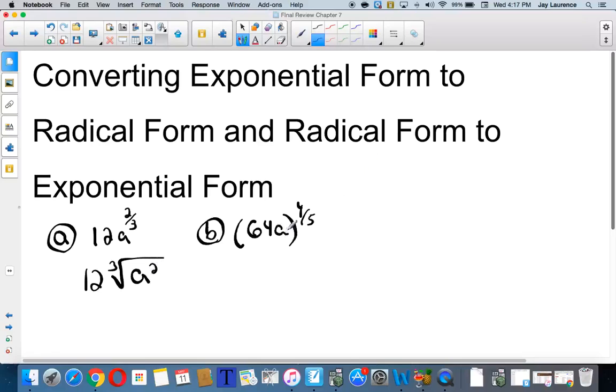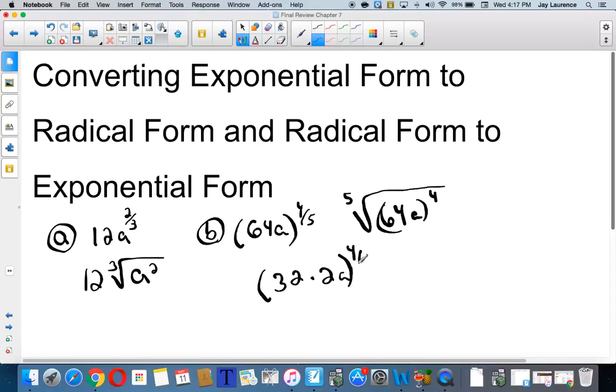Now this one's a little bit different. I could put the whole thing under the 5th root. This is one way to do it, but I do not want to do it this way. Okay? Because this can be simplified. I'm going to think about this 64 as 32 times 2a.